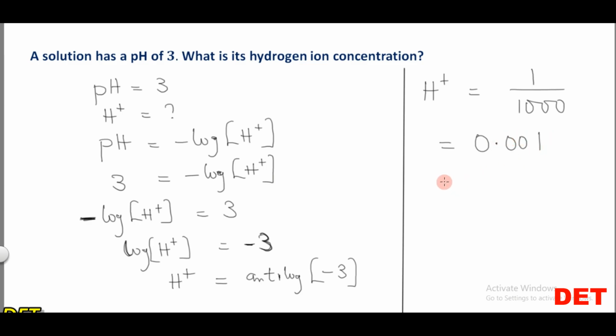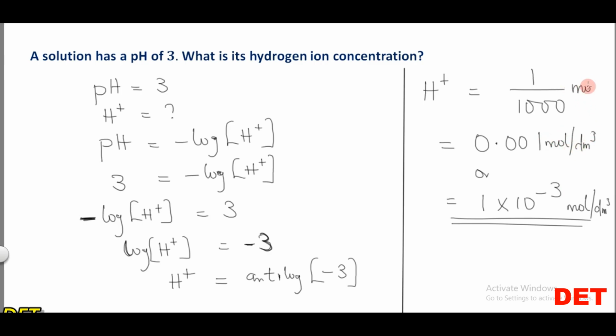And 1 all over 1000 is the same thing as 0.001 or 1 times 10 raised to the power of minus 3. So this is my answer, mole per dm cube. Any of these is correct.